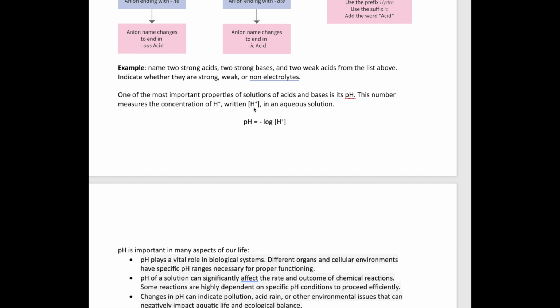So for example, if I spill a strong acid on my skin, that could have a very dangerous effect compared to spilling a weaker acid on my skin. A strong acid would be something like battery acid, which is never something you want to spill anywhere near your body. Whereas a weak acid would be something like lemon juice. You can have lemon juice on your hand, it's not going to hurt you.